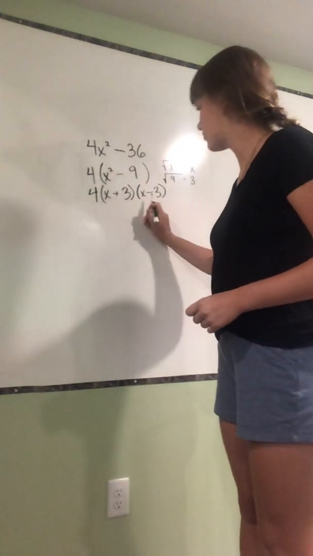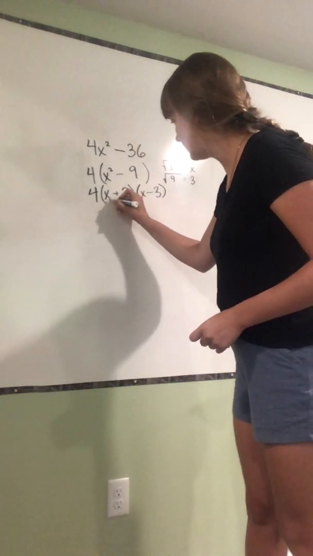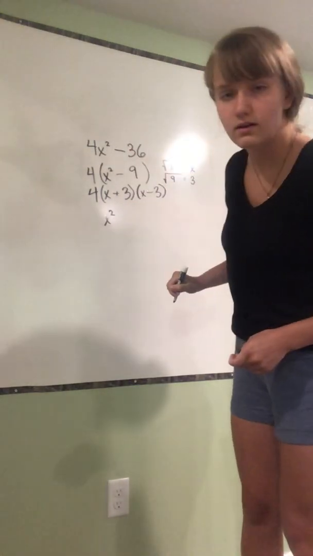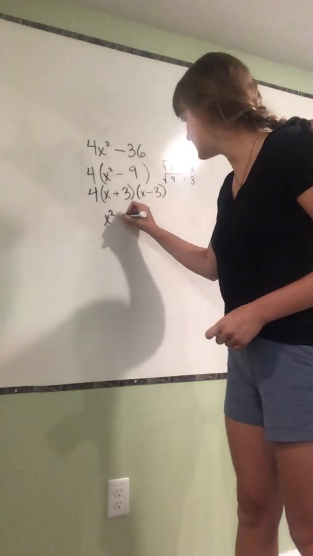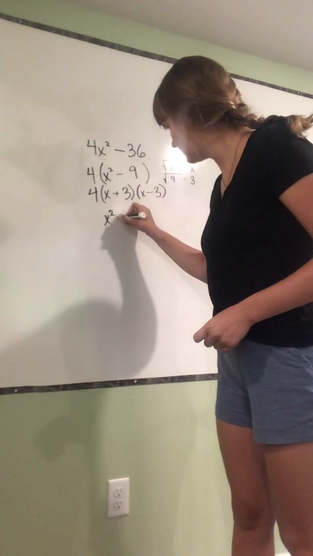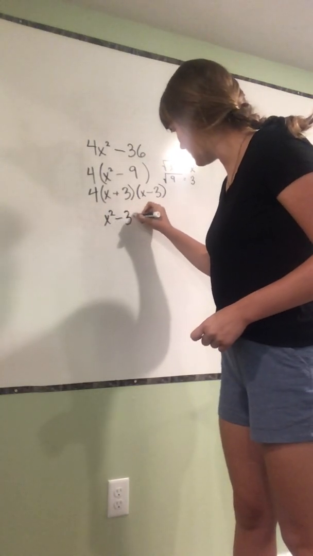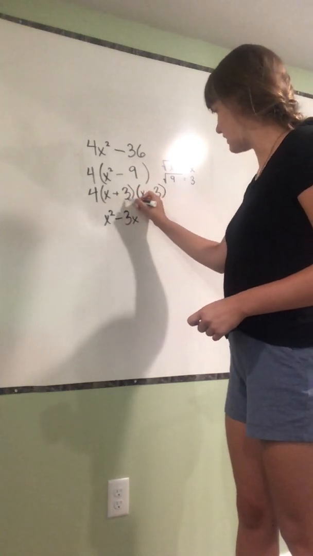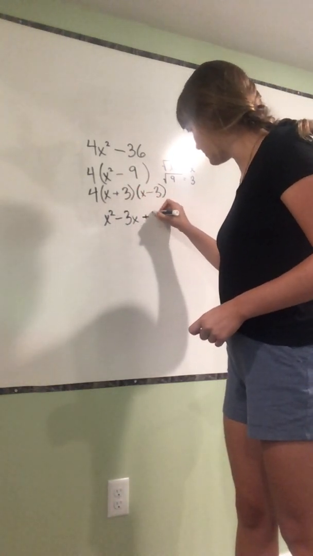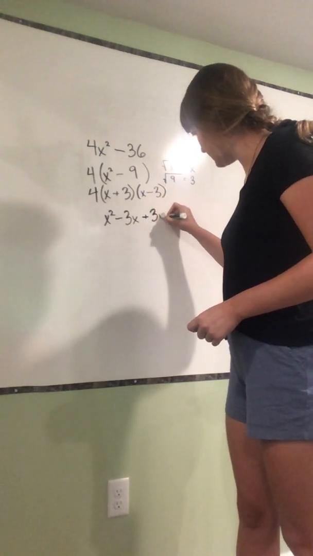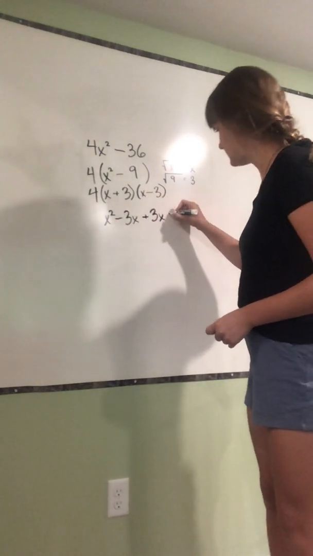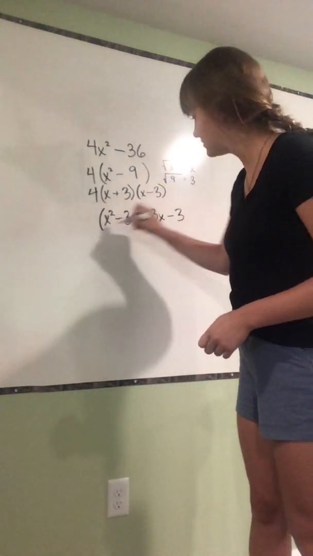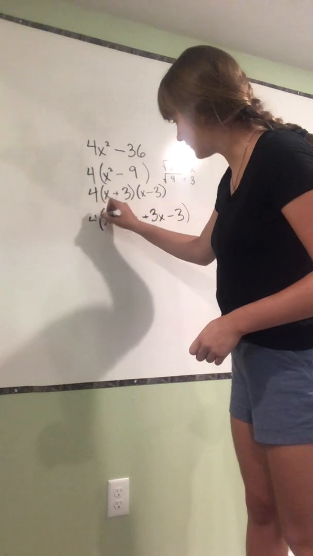So if you work through this, you distribute x times x is x squared. X times negative 3 is negative 3x, and then distribute this across. Positive 3 times x is positive 3x, and then positive 3 times negative 3 is negative 9. Whoops, I forgot the 4, I always forget that.